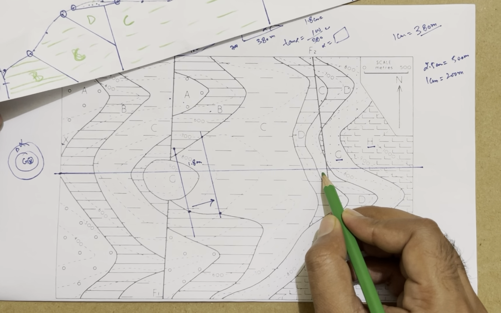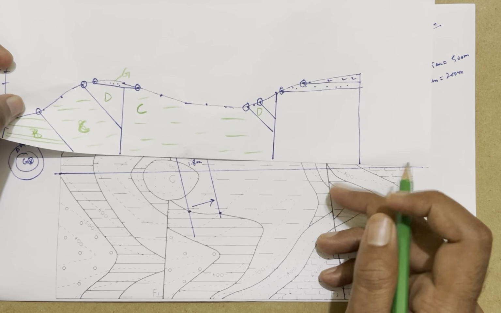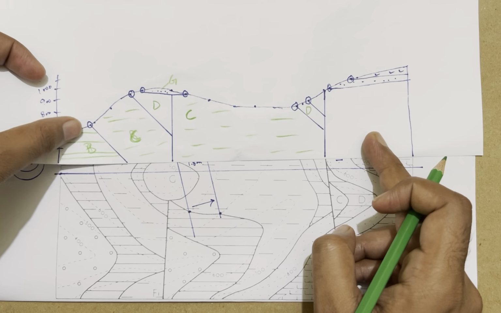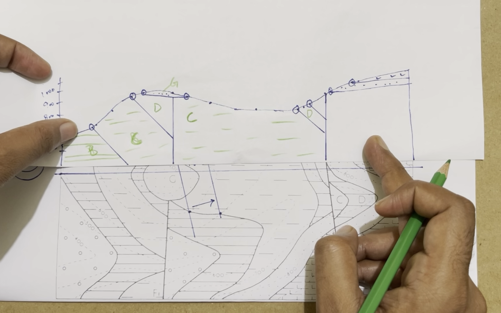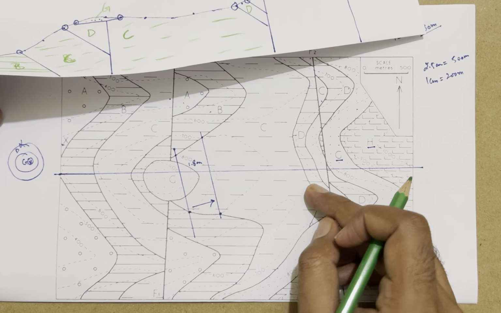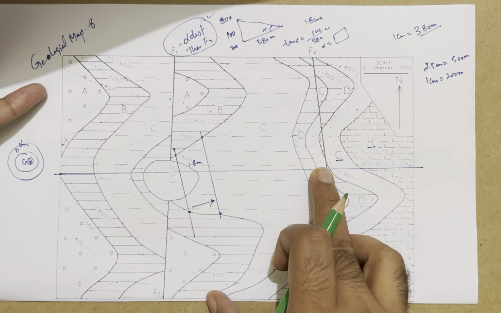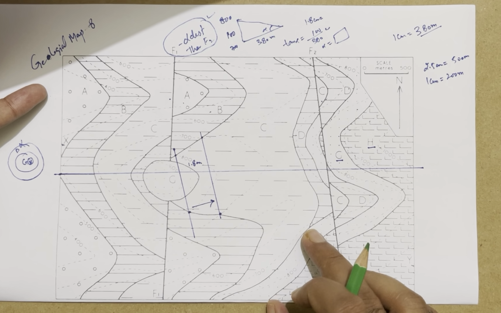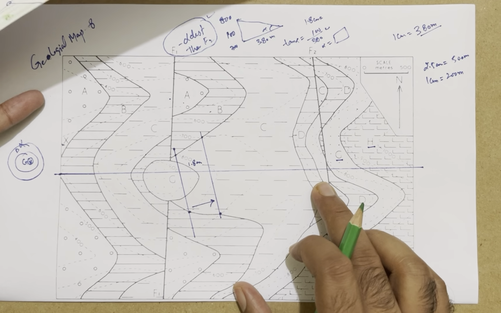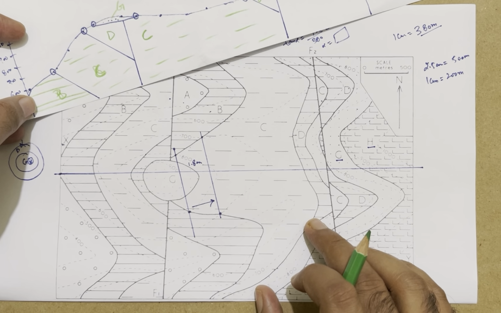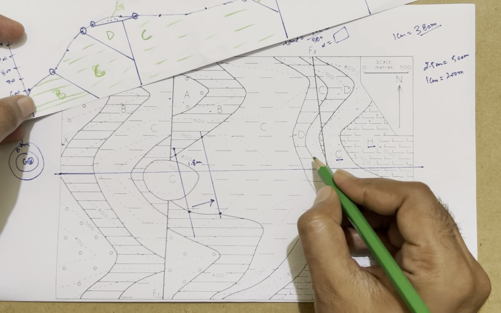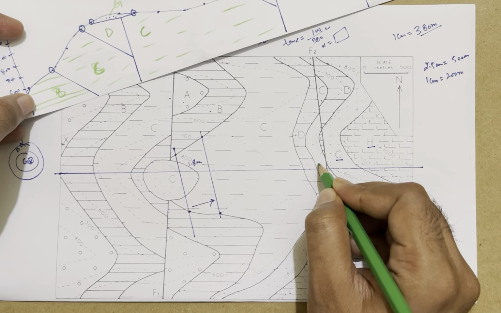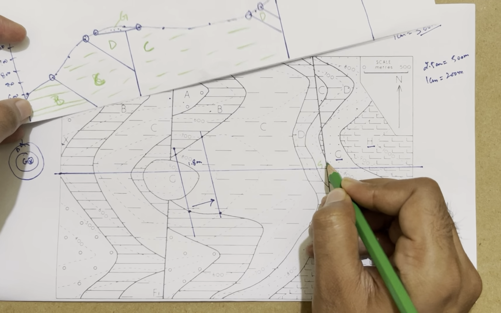Up to D, and this dotted one is G. This part is also G.